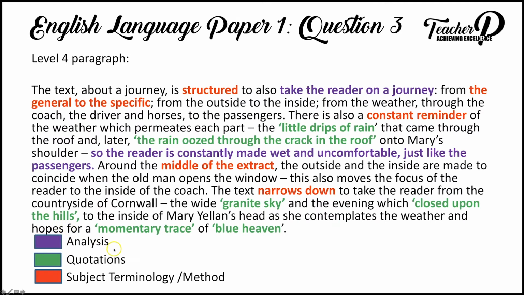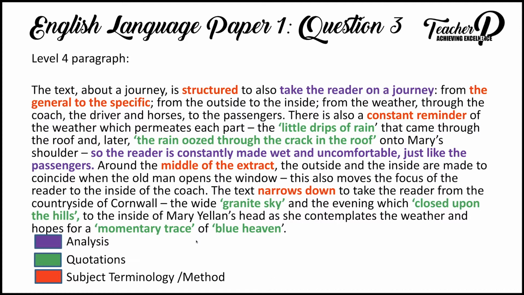As you can see, the reason why the exam board would put this particular paragraph into level 4 is because, first of all, they look at the extract as a whole and they give a general overview of the structure of the text, the fact that it's a journey that takes us from outside to inside. Additionally, they've looked at different structural features.